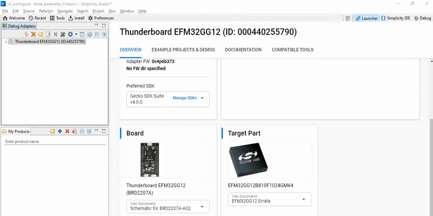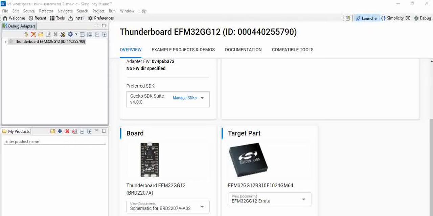Hello all. We have previously seen how to start with a simple project, the Blinky LED project with EFM32. In this video, we will go into the details of the microcontroller to get to know what it is and what its basic features are, so that we can explore these features by writing small code.